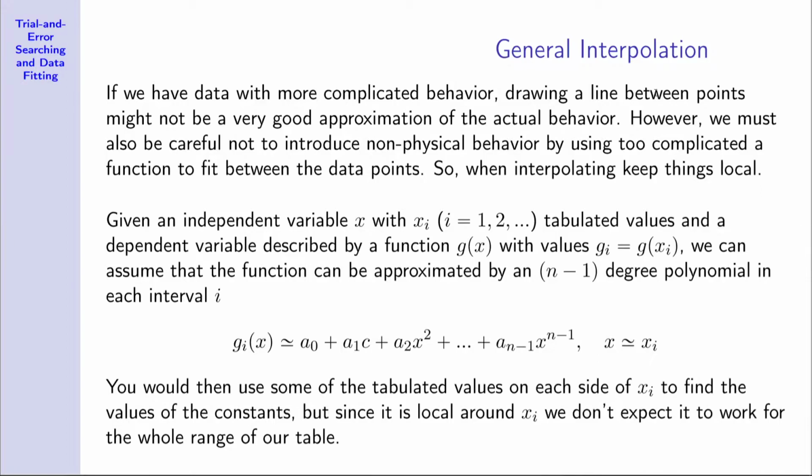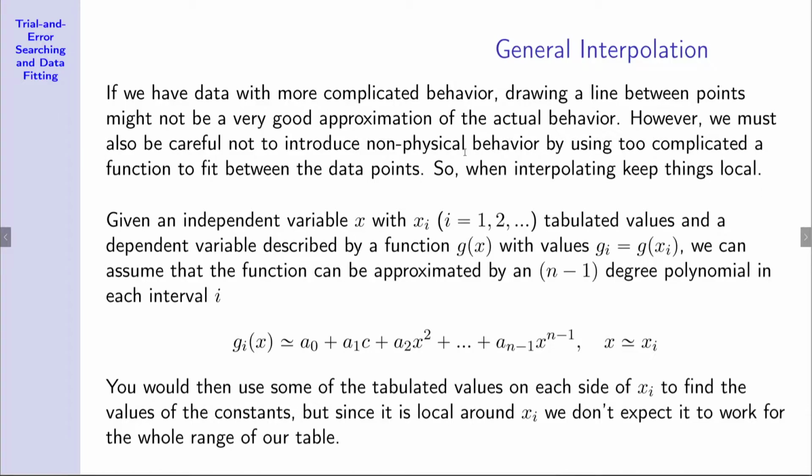But there's going to be a number of situations where our data is much more complex and varying in some other manner than just purely linear. And so when we do this interpolation, one of the things we have to be careful of is to not introduce any kind of non-physical behavior by using a function that is more complicated than necessary.